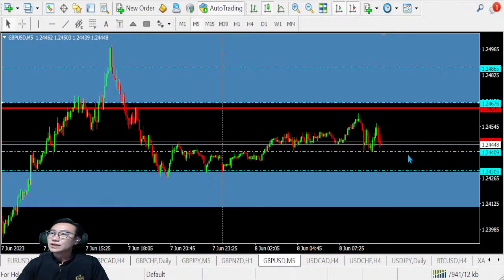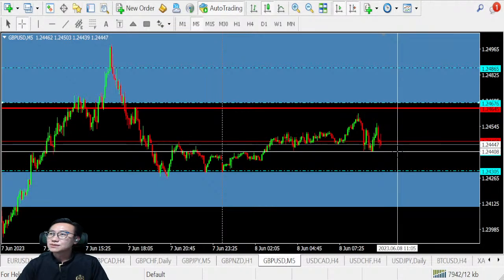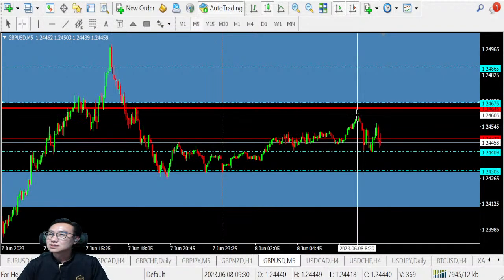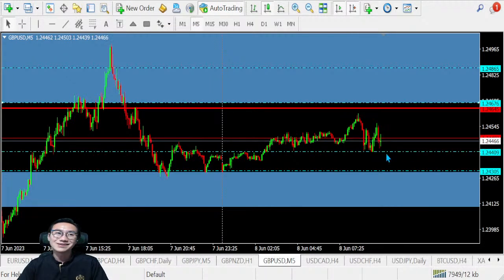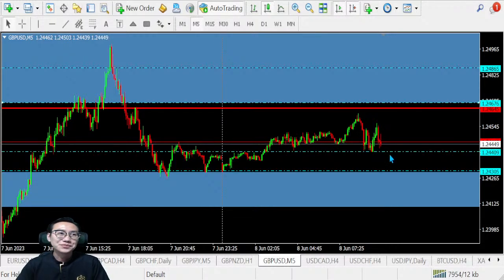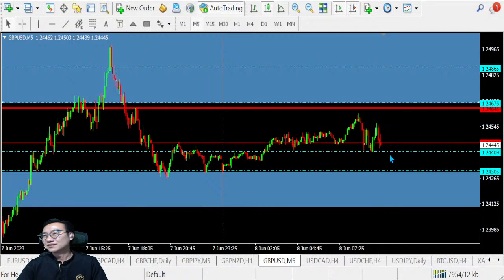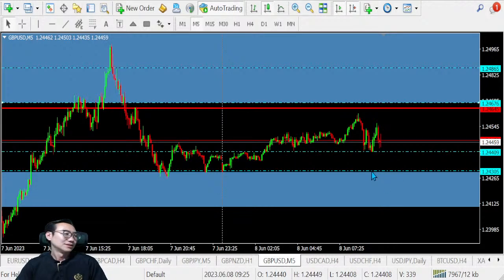There's one support here. This is the highs here. Let's see if this is going to take down any point. Right now, if I'm going for a selling, it seems a bit high risk.